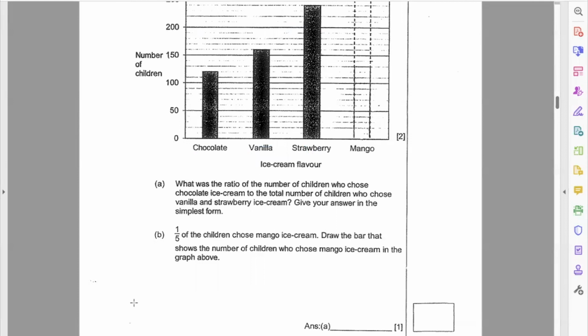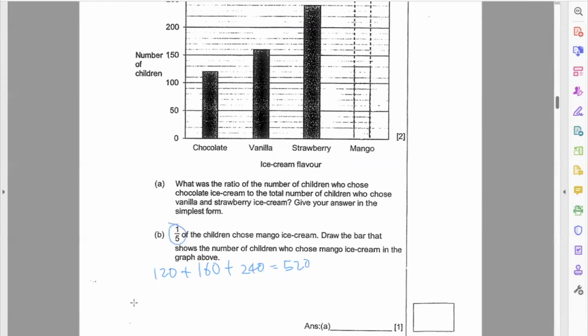So we know that the number of people who chose chocolate is 120. Vanilla is 160. Strawberry is 240. So there's a total of 520 children who did not choose mango.